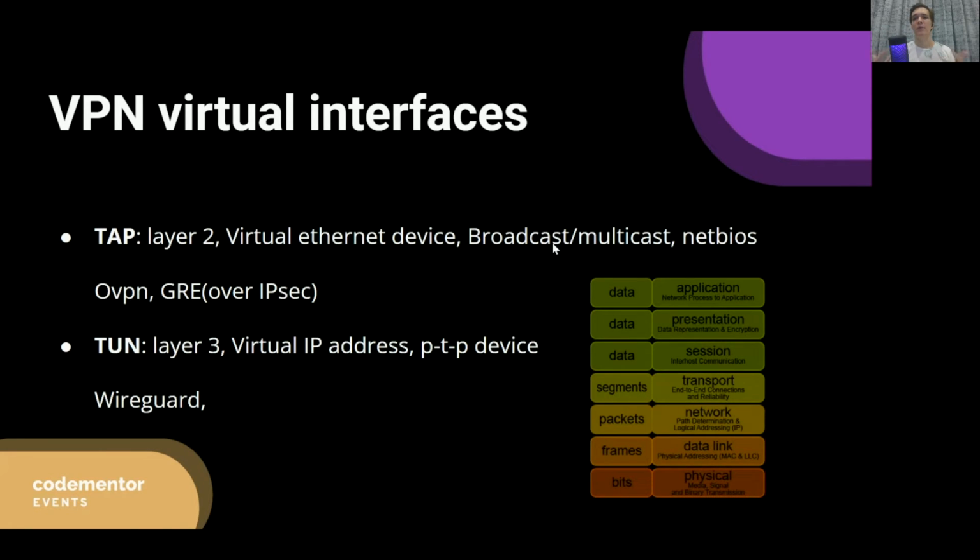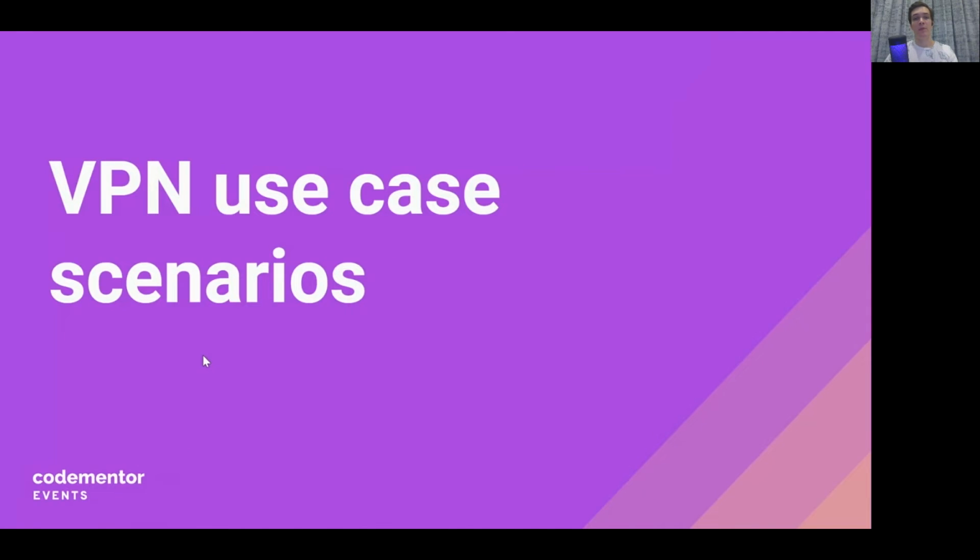They send you information about prices in multicast. So in order to get it routed, you have to create a layer 2 interface. It can be done by creating GRE, generic routing encapsulation, over an existing IPsec tunnel. But let's go on to discussing WireGuard and OpenVPN on layer 3 because it's more common.